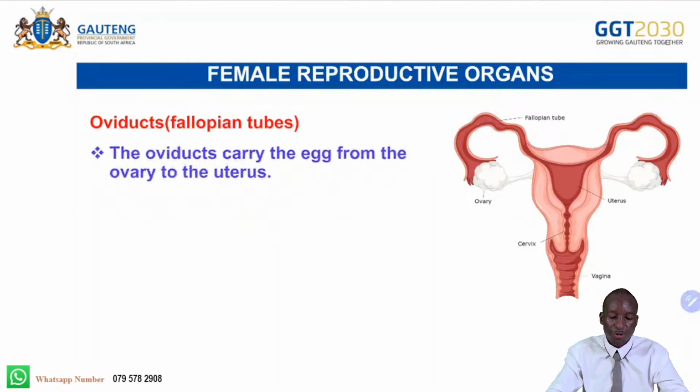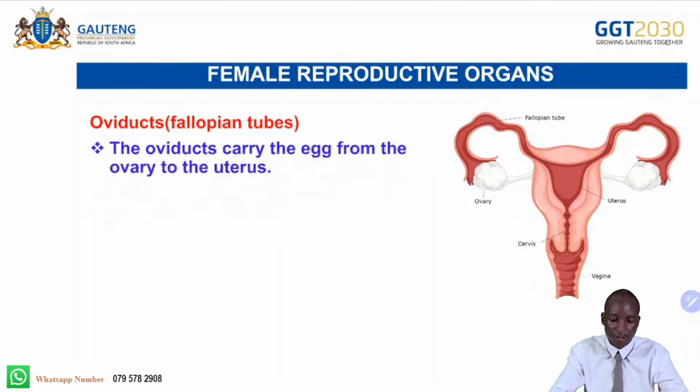So now let's look at the function of these tubes. The oviducts carry the egg from the ovary to the uterus. That's the function of the oviduct. There is the oviduct. What happens? We've got the ovaries, and they release the egg.